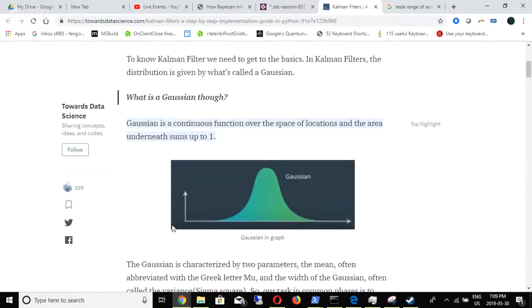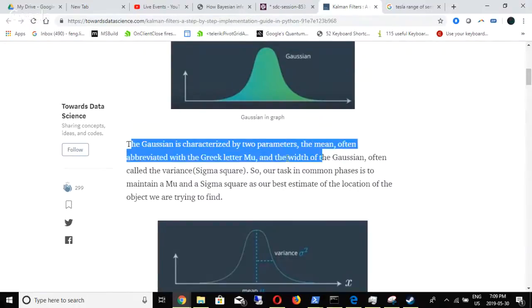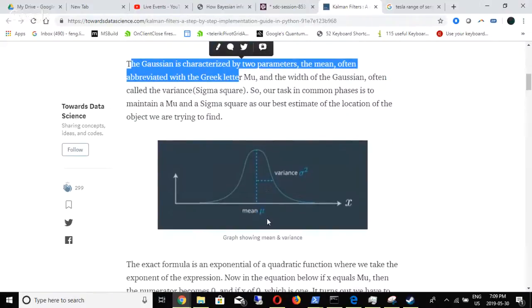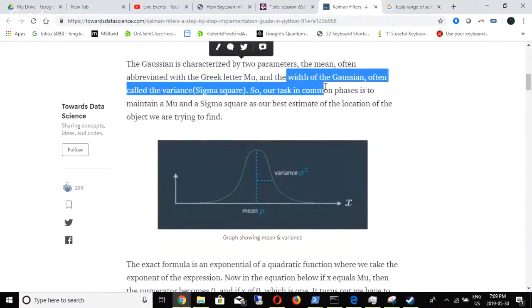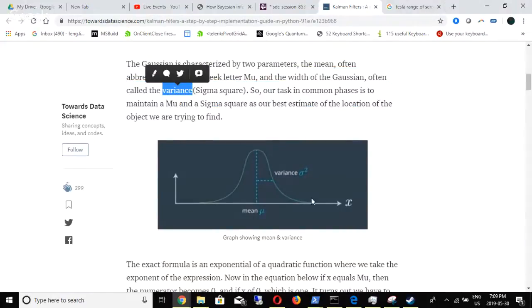If you have gone through the class notes, the Gaussian only has one peak. It doesn't have multiple peaks. It's characterized by the mean, often abbreviated by the mu here, and the variance, or sigma squared.